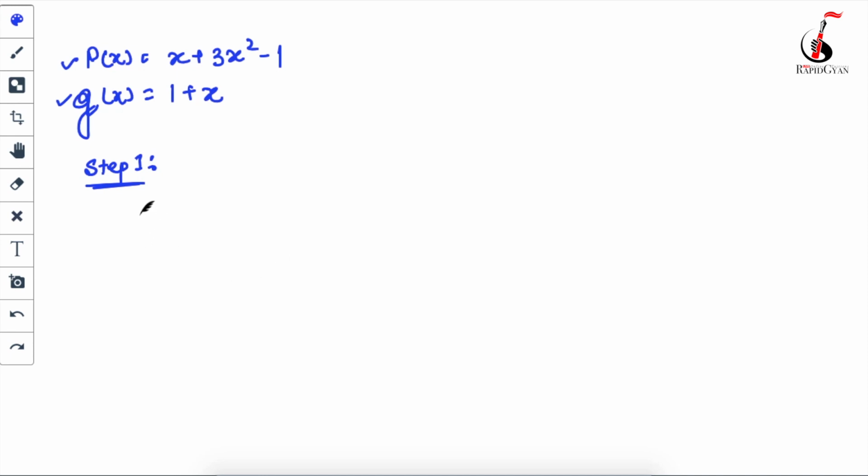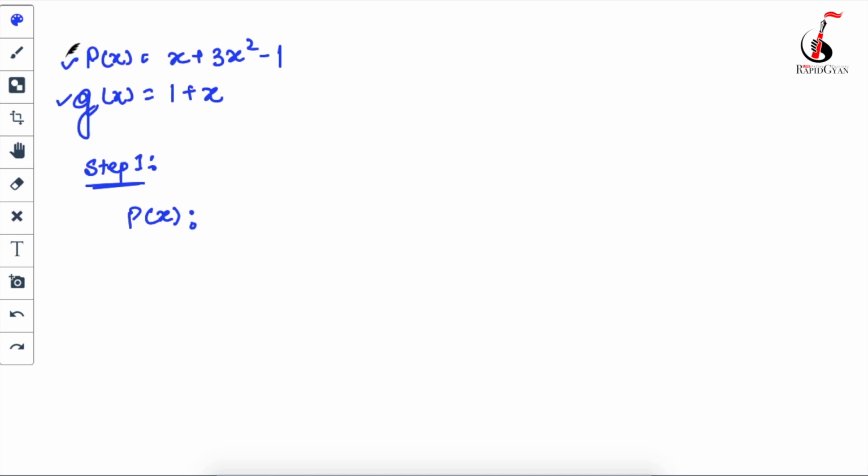What do we mean by standard form? You will have to arrange the terms of the polynomial in the decreasing order of the power of the variable, or you can say in the decreasing order of their degree.